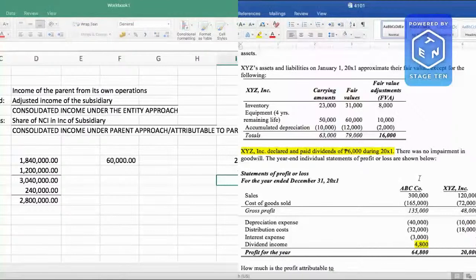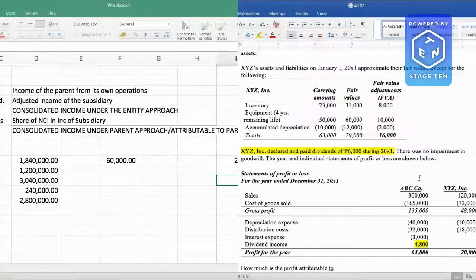If the consolidated entity believes that the beginning inventory is understated by 8,000, it must also believe that the total goods available for sale is also understated by 8,000.